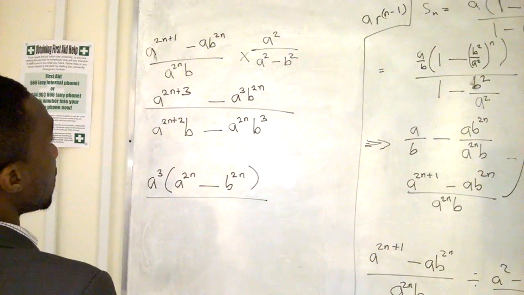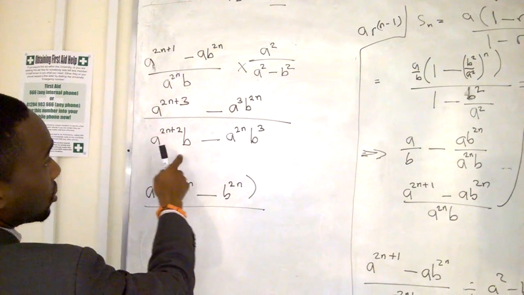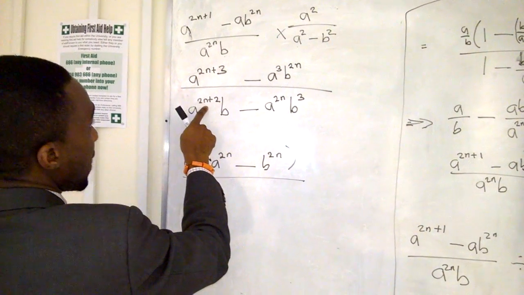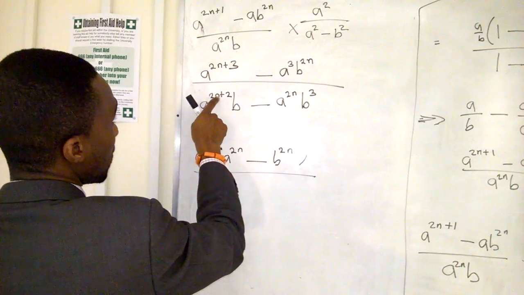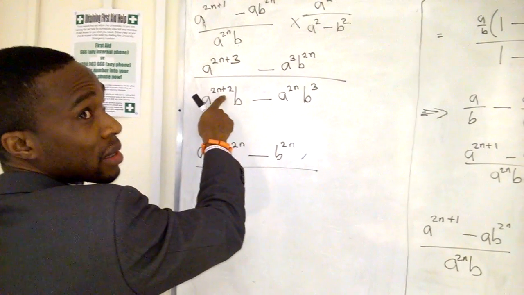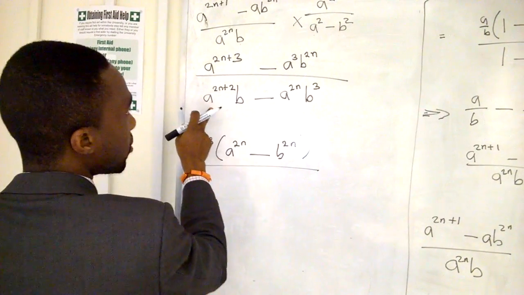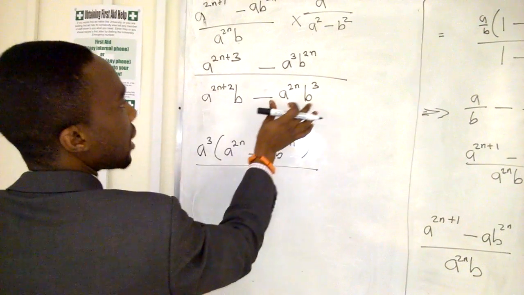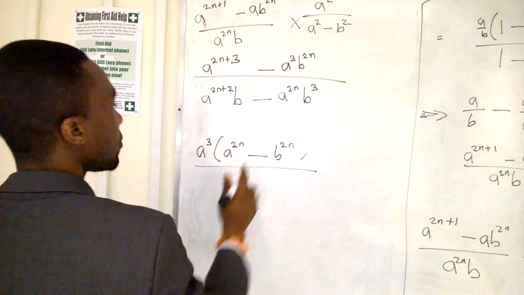I can take a squared n b out here, because don't forget a squared n plus 2 means a squared n multiplied by a squared. So I can take a common factor a squared n b out of here and a squared n b out of here.